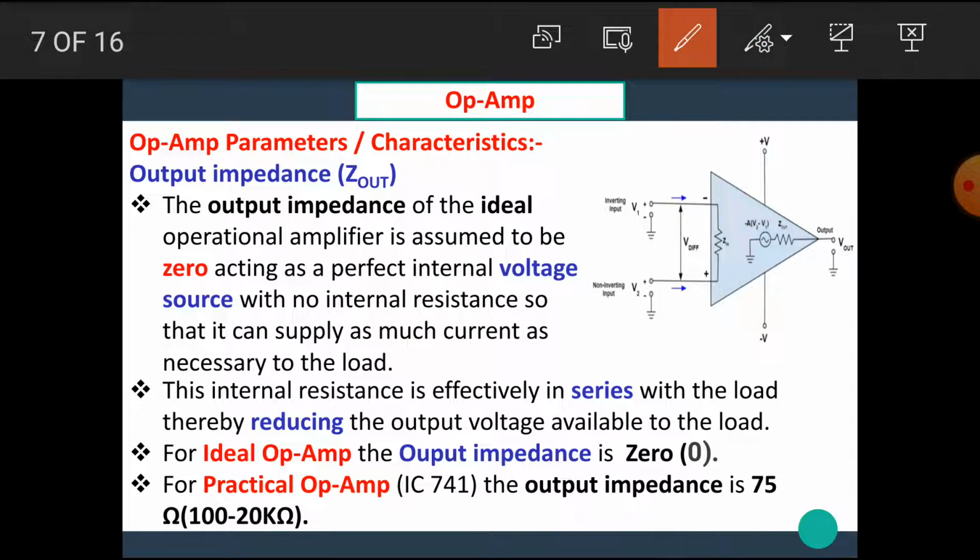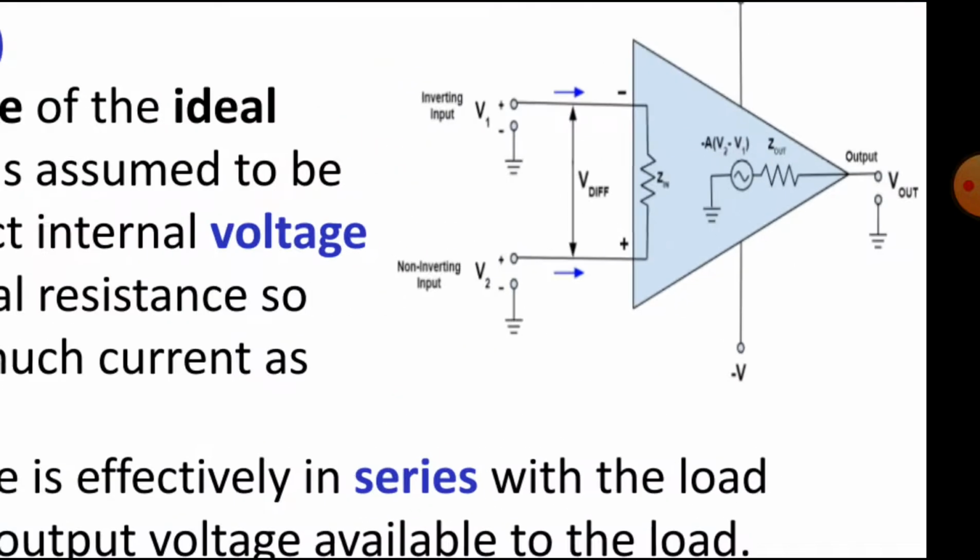For ideal op amp, the output impedance is 0. But for practical op amp or for IC741, the output impedance is 75 ohm, or it is between 100 to 20 kilo ohm. I hope you all understand the output impedance Z out.